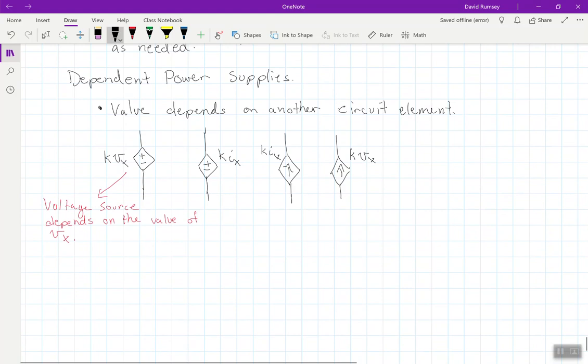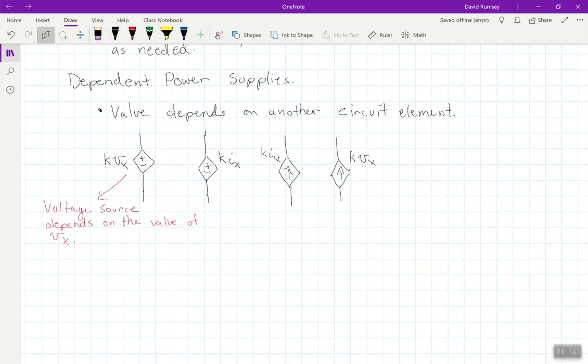Now at first you might say these dependent power supplies don't seem to be very useful, or where's the practical application of this? I mean, when will we ever have a power supply that depends on another one? And without going into the details, because we'll cover this in a later course, I always like to give you a little bit of motivation for this.